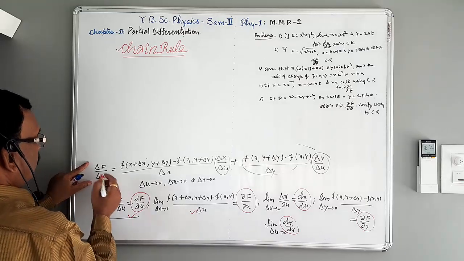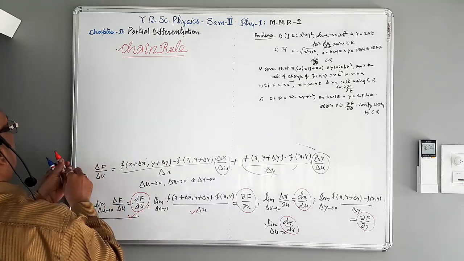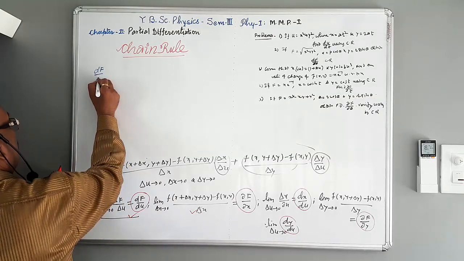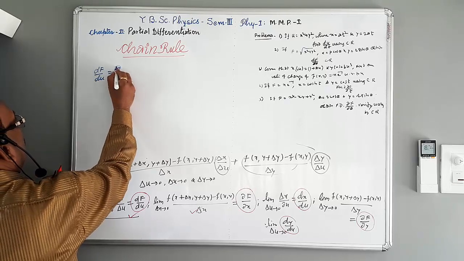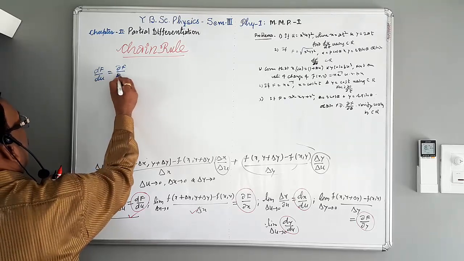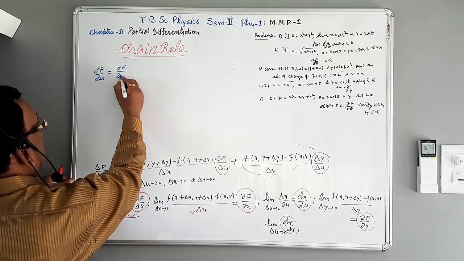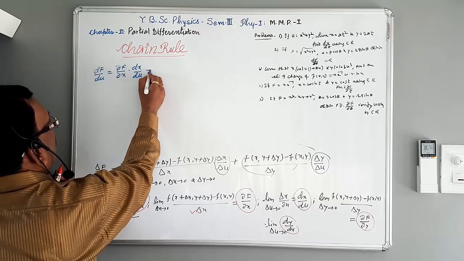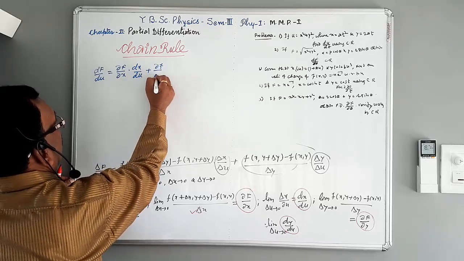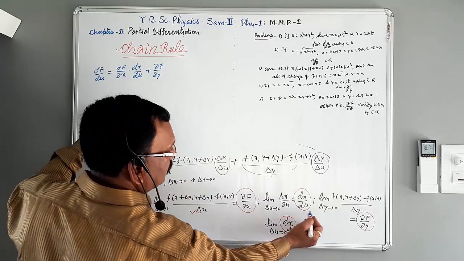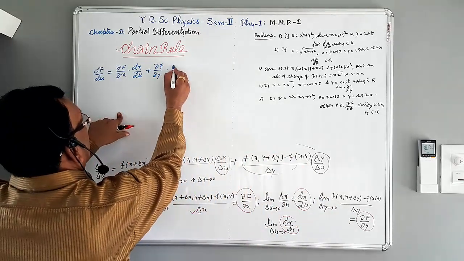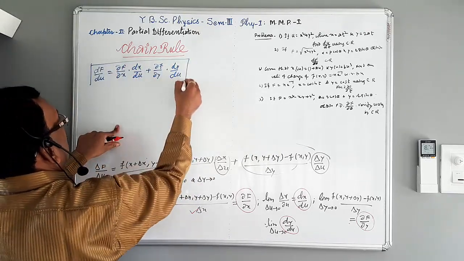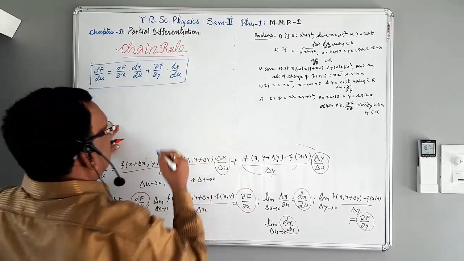here, instead of this term, we get df by du is equal to del f by del x into dx by du plus del f by del y into dy by du, and this is nothing but the chain rule.